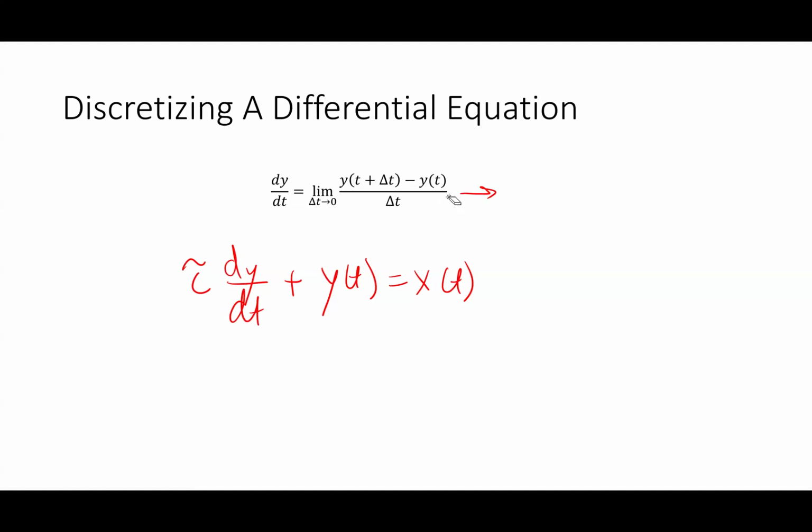What do I do with this? What's the key assumption that I made to use this in this numeric method? I took out the limit. Yes. So what allows me to take out the limit?